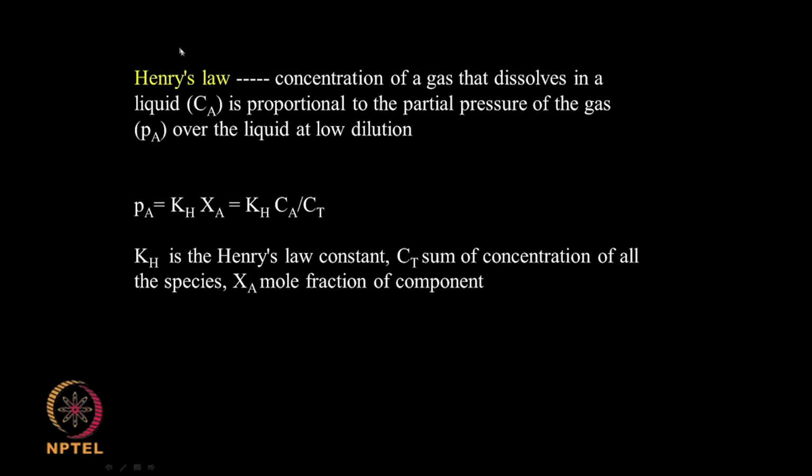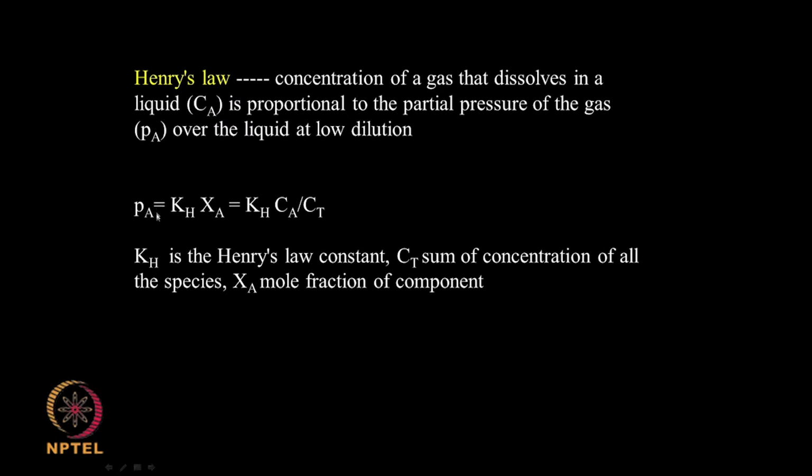The most important law here is Henry's law, which you must have studied a long time back. The concentration of a gas that dissolves in a liquid is proportional to the partial pressure of the gas over the liquid, at low dilution of course. So, we have a relationship which connects the partial pressure of the gas above the liquid and the concentration of the gas in the liquid, given by Henry's law.